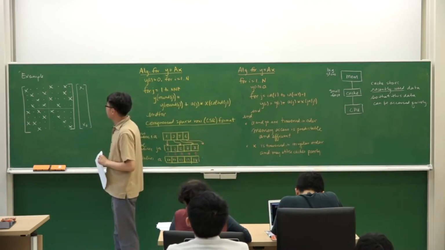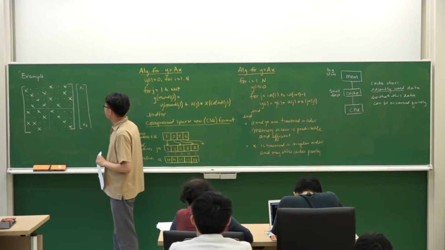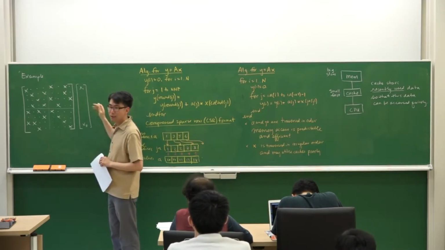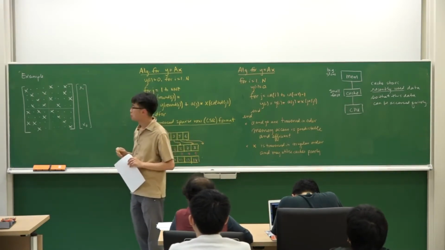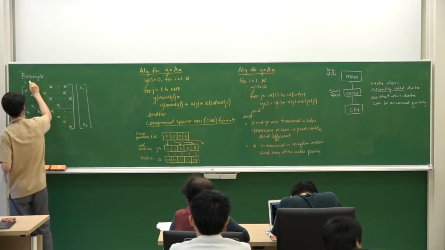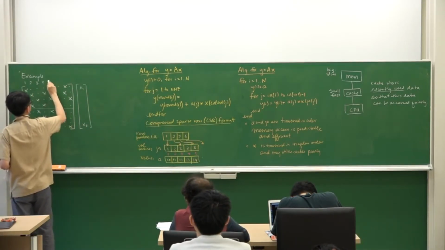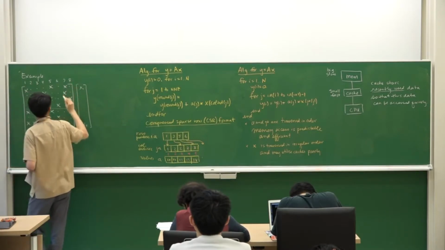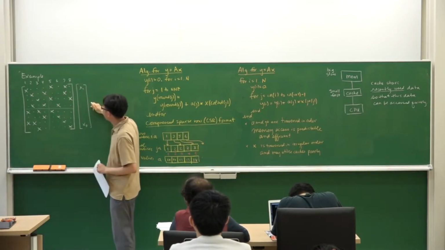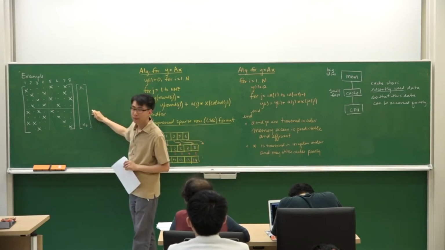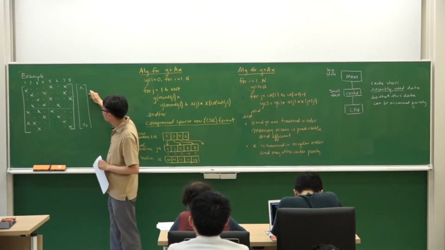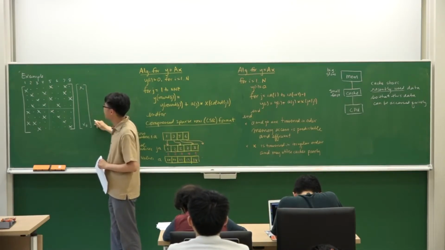So what is the access pattern for x? I first need x1, then x5, and then x7. Okay, then I need x2, x4, and x7. Then I need x3, x5, and x8.